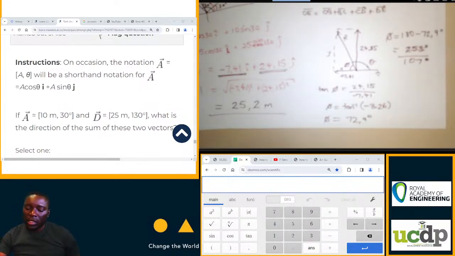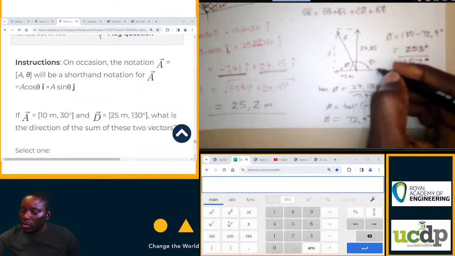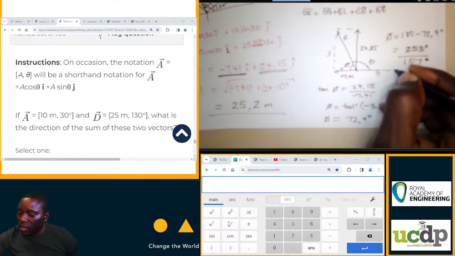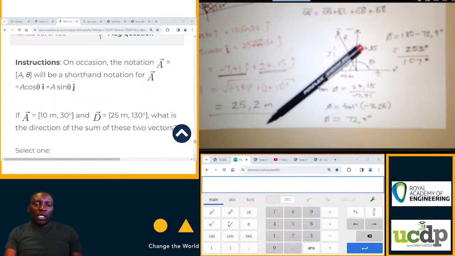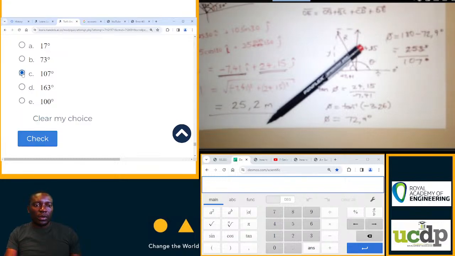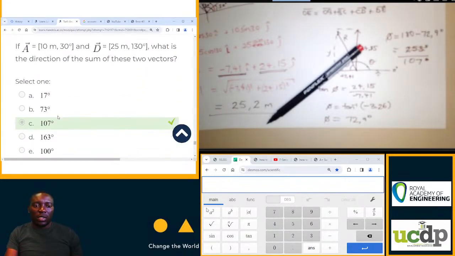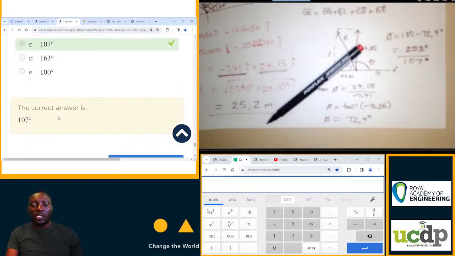That's why we got theta as 107 degrees, because the angle has to be measured from 0 degrees, which is the first quadrant. So that's how we get the answer to that part of the question. So don't fall for the 73 there. It doesn't give you a correct angle. The correct direction is 107 degrees.